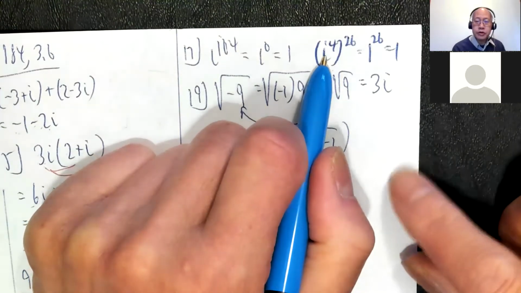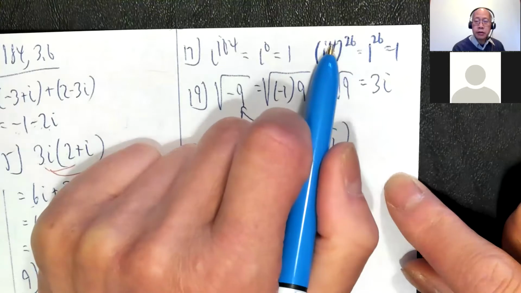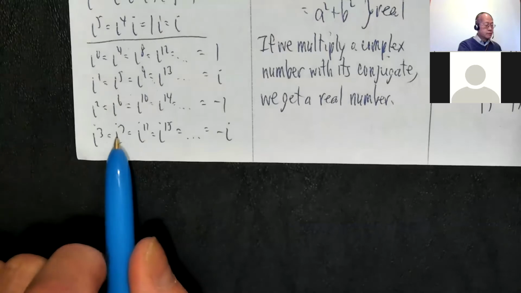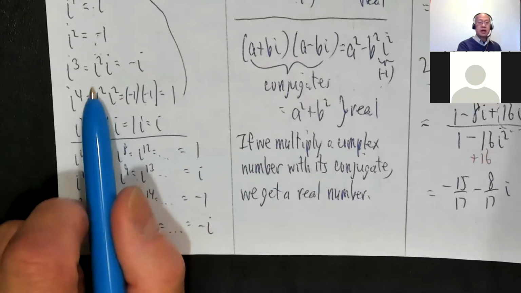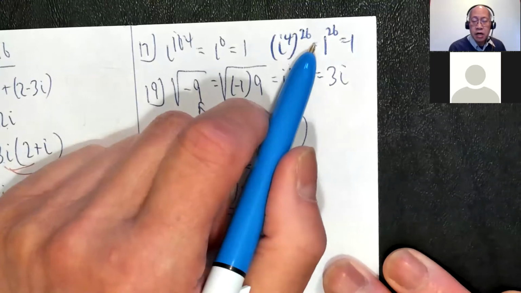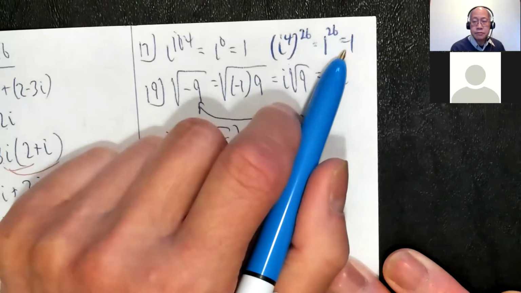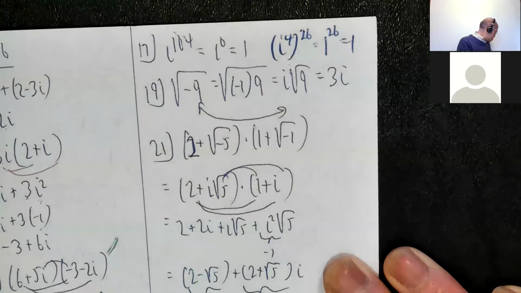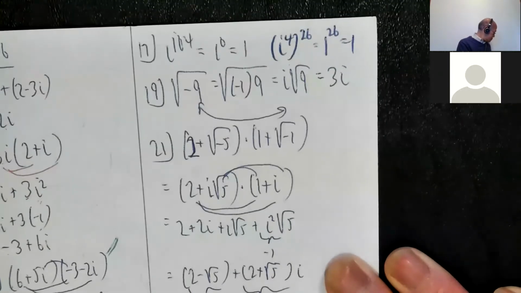So it's i to the 4th, to the 26th power, because 4 times 26 is 104. Then i to the 4th is the same as 1. So it's 1 to the 26th power, but 1 to any power is just 1. So the answer to number 17 is 1.